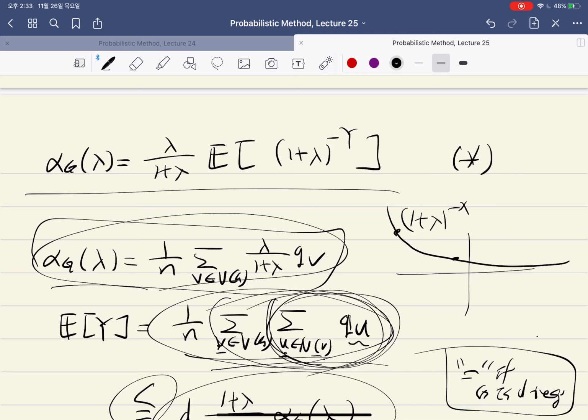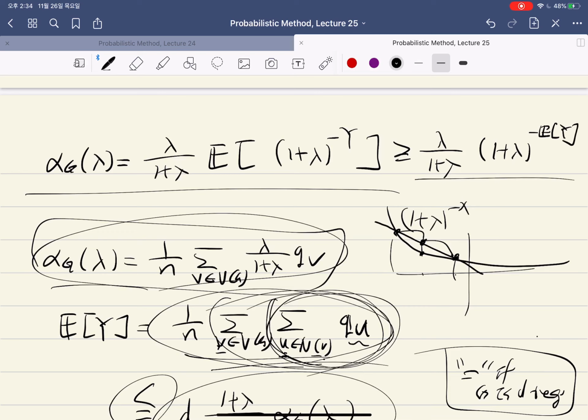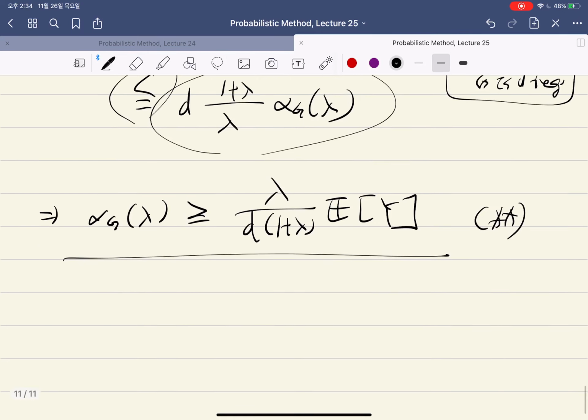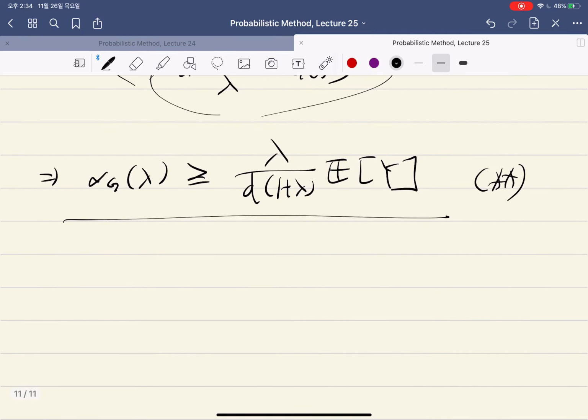So for a convex function, if you choose two points and take the function values and take the average, then that's bigger than if you average out the numbers and then take the function value. So you actually have (1 plus lambda) to the minus expectation of y. You have this, so this star and this two star.